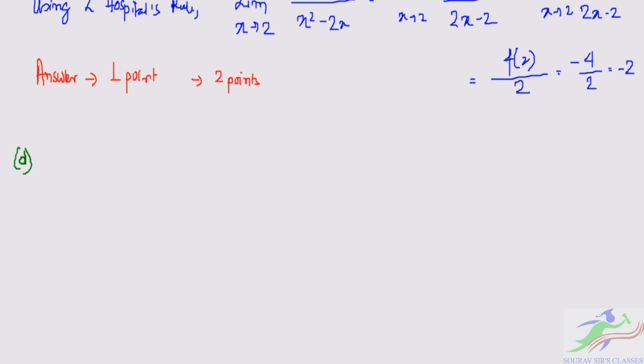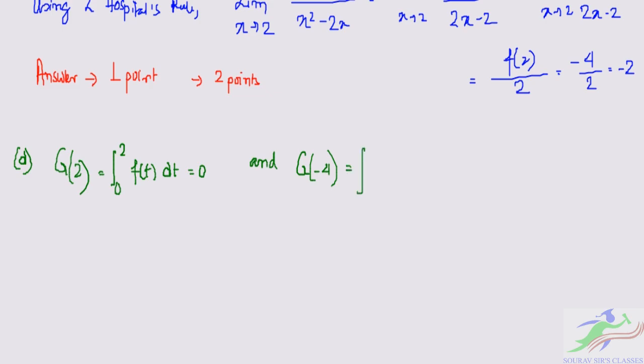So g of 2 is the integral from 0 to 2 of f(t) dt, which is equal to 0, and g of minus 4 is the integral from 0 to minus 4 of f(t) dt, which is equal to minus 16, right?